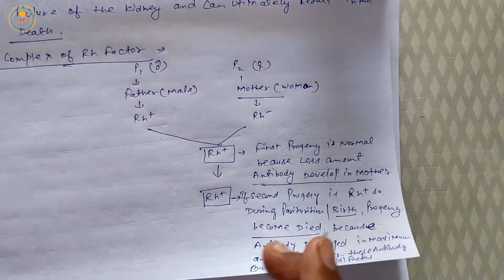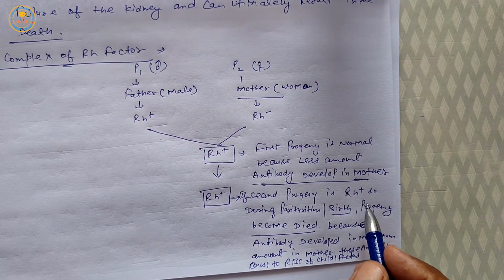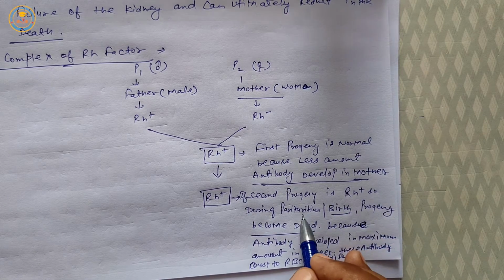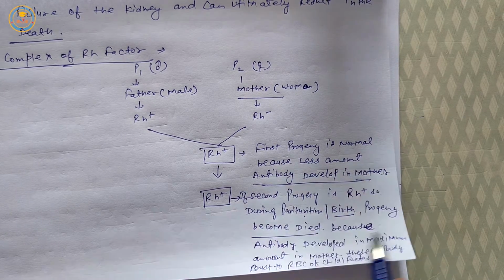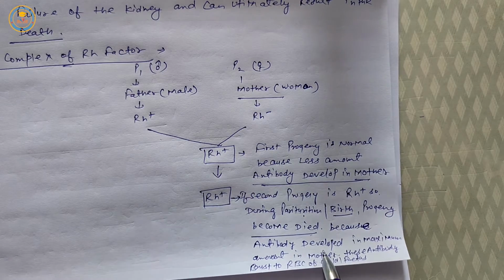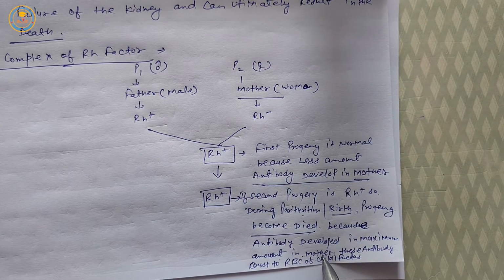Once again, if the second progeny is RH positive, then during parturition or after birth the progeny dies because antibodies develop in maximum amount in the mother.